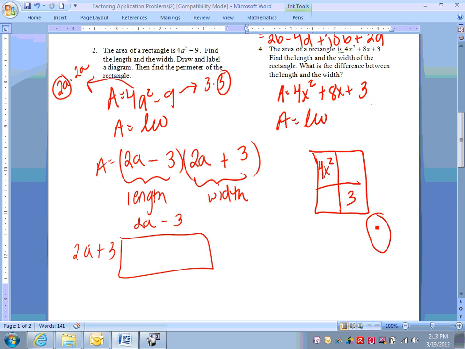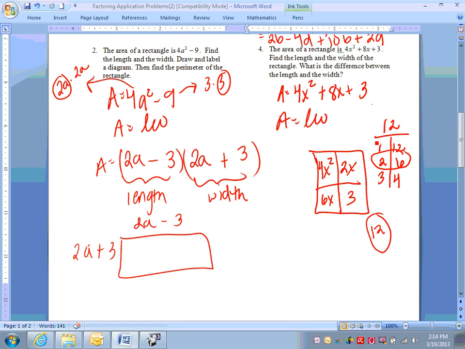And then we multiply 4 times 3, and we get 12. Well, the factors of 12 that need to add up to 8: we do 1 and 12, 2 and 6, 3 and 4. And the ones that add up to 8 are 2 and 6, so we put 2x and 6x.